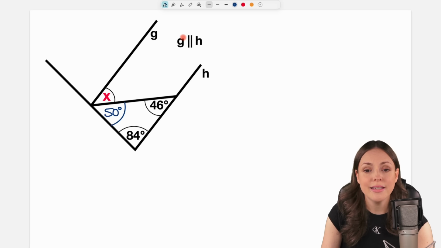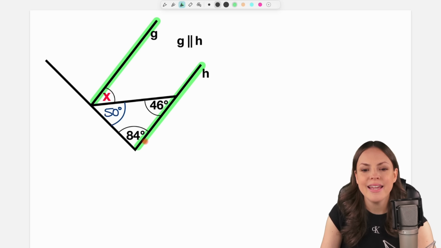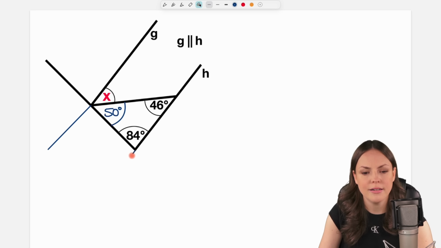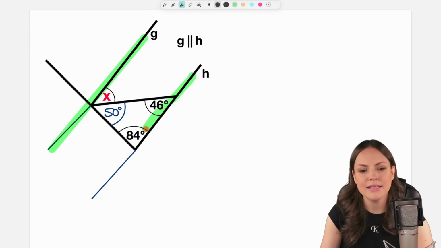We haven't used yet that G is parallel to H, so we know that this line here is parallel to this line here. And if we make these lines a little longer, here and here, we can see a little better that this line and this line is cut by this third line here.